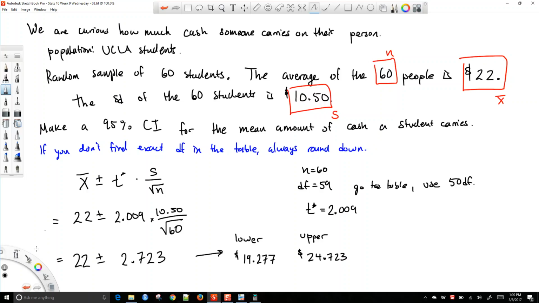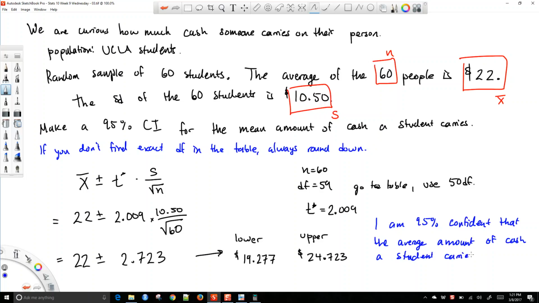Okay, now I would say something like, I am 95% confident that the average amount of cash a student carries is between 19.277 and 24.723. Okay, something like that.